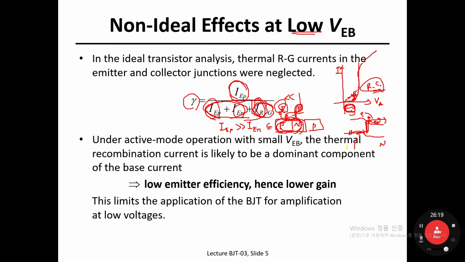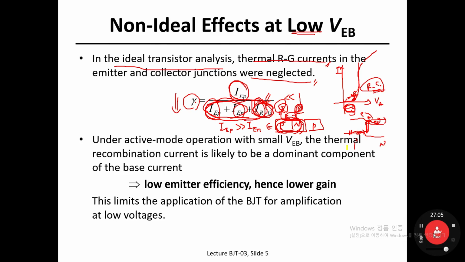So the recombination current is included in this part, and your emitter efficiency would be hurt because of it. In ideal BJT analysis, thermal recombination generation current in the emitter collector junctions was neglected. As we did in PN diode, we ignored thermally created recombination generation current in the depletion layer. Similarly, in PNP BJT analysis, we ignore it.